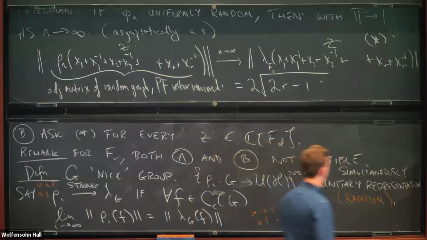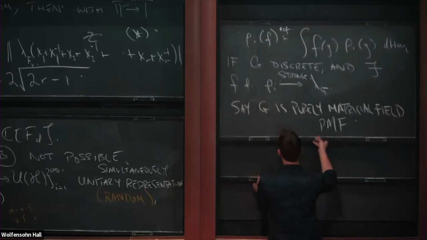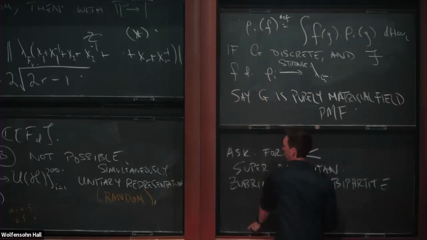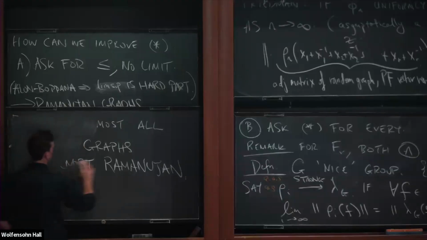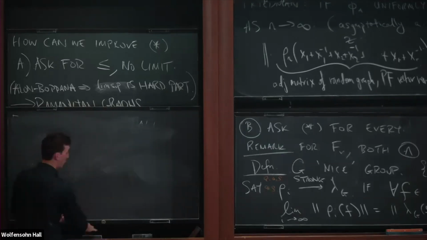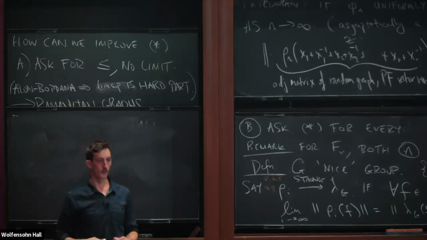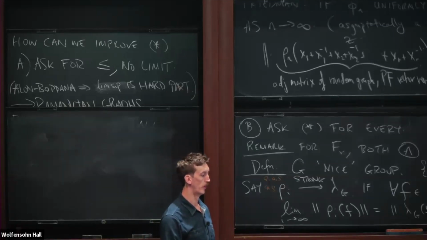So I did a lot of setup. Let me tell you some results and what this is used for. It was an open problem for 25 years whether there exist finite dimensional unitary representations of the free group that converge strongly to the regular representation.